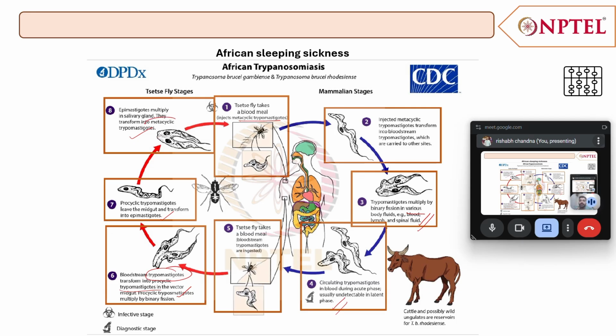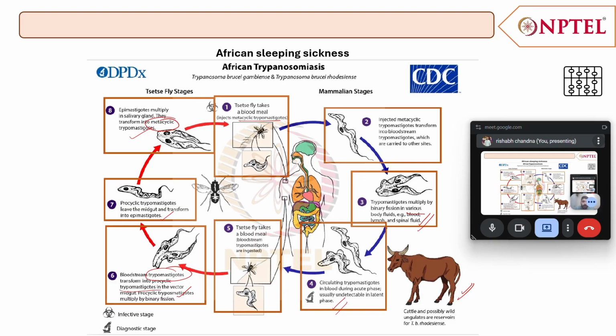Now, these metacyclic trypomastigotes are the infective forms. They are then injected again into humans, where they increase in number. Then the cattle and possibly wild ungulates are reservoirs for Trypanosoma rhodesiense.